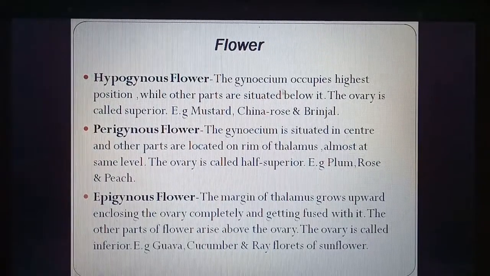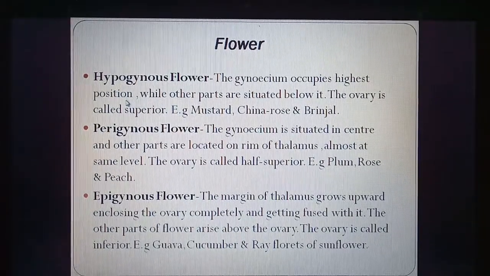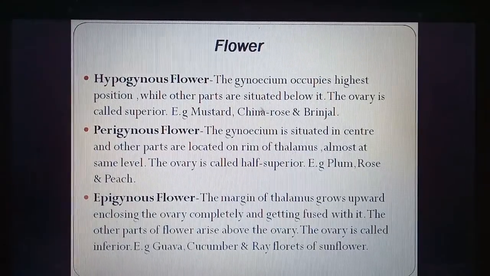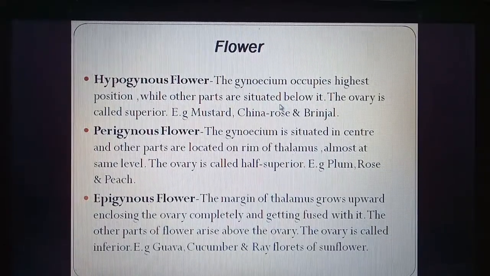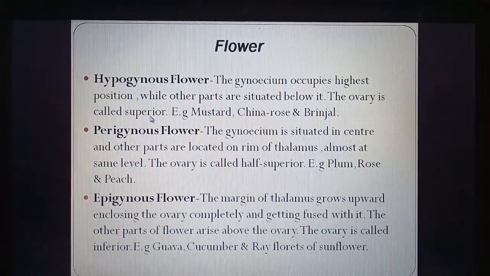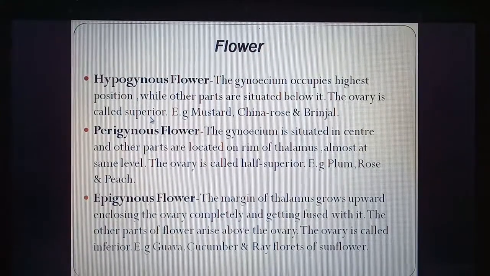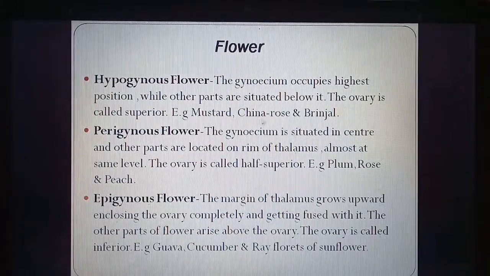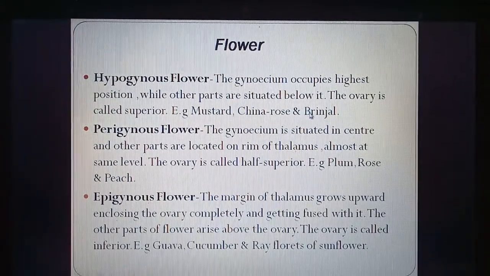The gynoecium occupies highest position. So the gynoecium is at the uppermost position. Other parts are situated below. The ovary is called superior. So the ovary will be called superior in this condition. Example is mustard, China rose and brinjal.